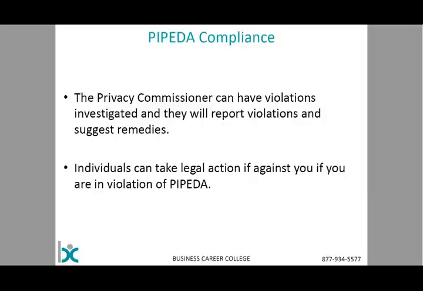Once it's reported, someone could take legal action based on what actually happened in the specific case. That person could be awarded financial damages that would have to be paid by you, the person who was improperly maintaining their information. So that's one of the things we'll look at later when we talk about compliance generally, is there's a financial penalty potentially for not following PIPA.